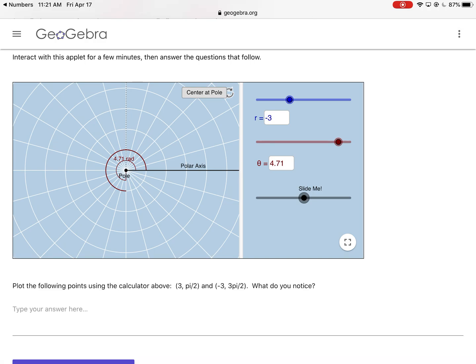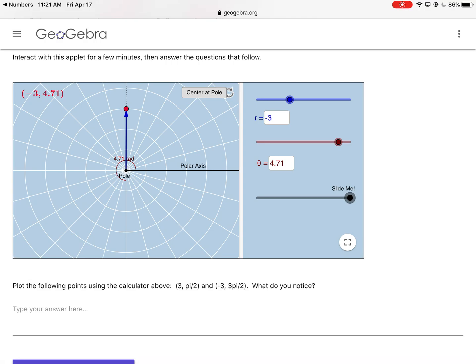But we learned yesterday that when the r value of your point is described negatively, that means you actually have to extend that terminal ray in the opposite direction, right? So we're actually going to move 3 units up again, and we are going to wind up at the exact same point as (3, pi over 2).